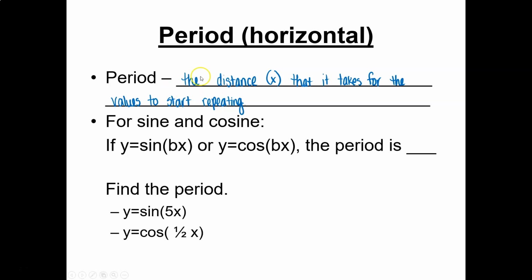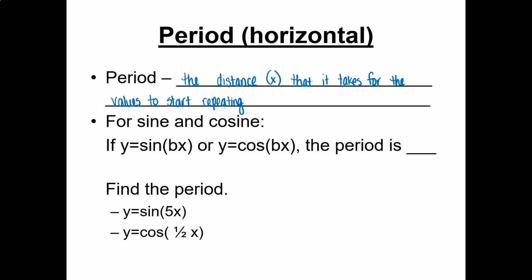So when we have a number in front of our x, I've called it a b right here, that is going to be a horizontal expansion or compression, right?